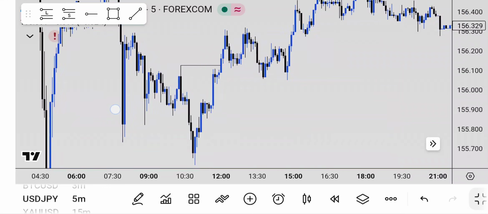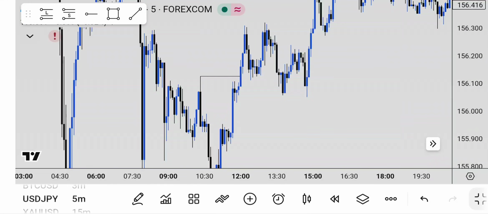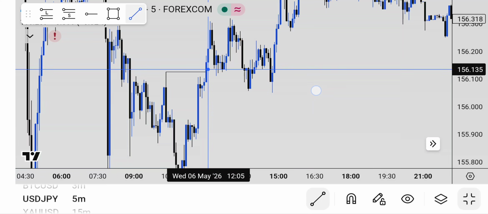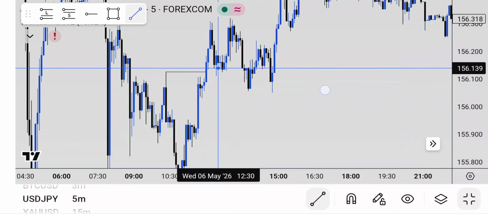So now, how do I get my inducement? Remember, my inducement is the first pullback after a break of structure or a market structure shift, that is the BOS and the MSS. So that's the first pullback, and from what we have here, this candle right here is currently the first pullback.